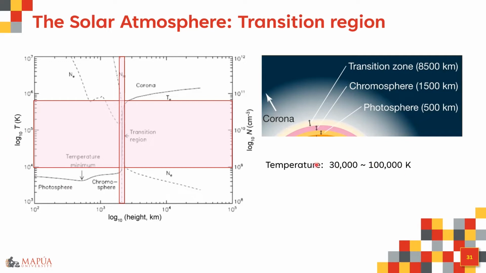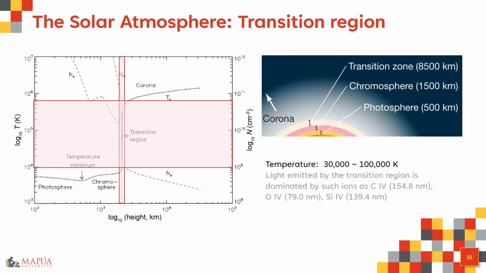So we call this the transition zone, the transition region from the chromosphere to the corona. It is a very large increase in temperature over a very thin region, about 8,500 kilometers in thickness. It looks thinner here because the horizontal axis scale is logarithmic.